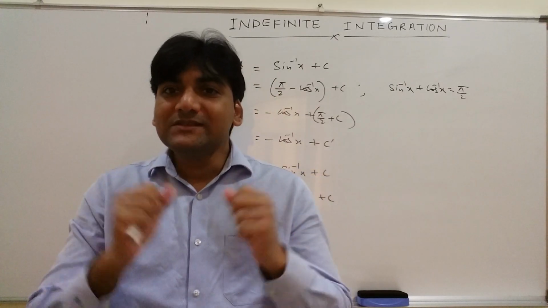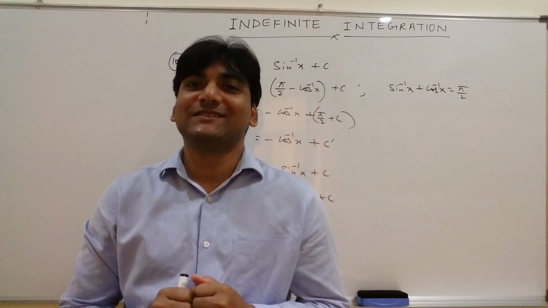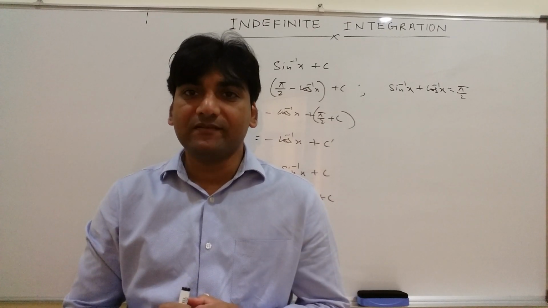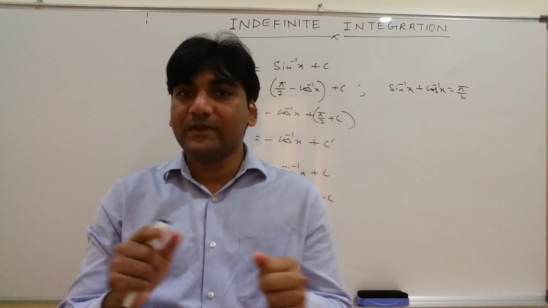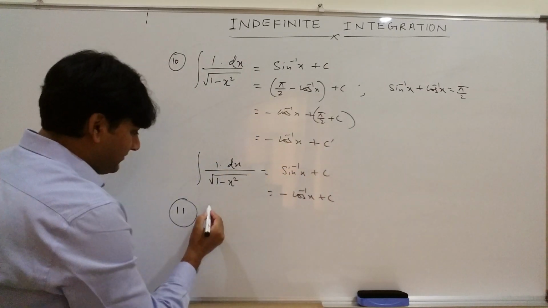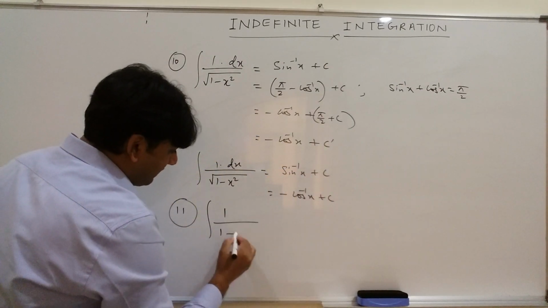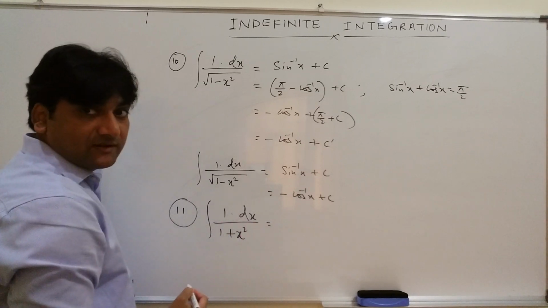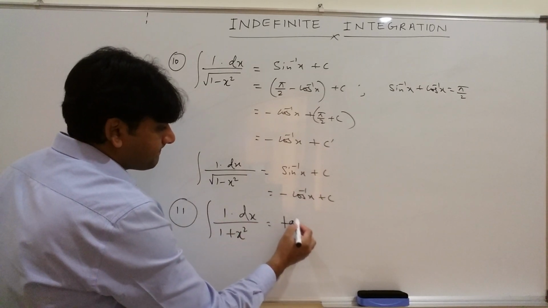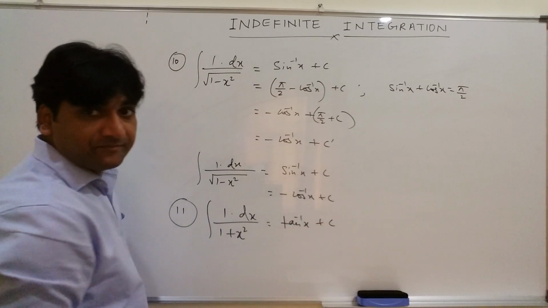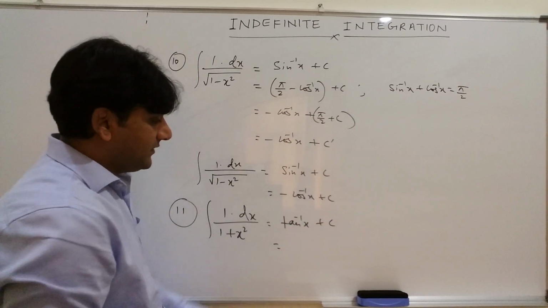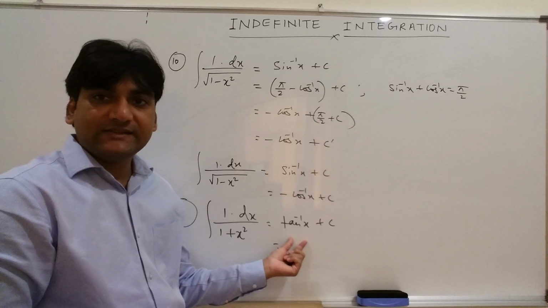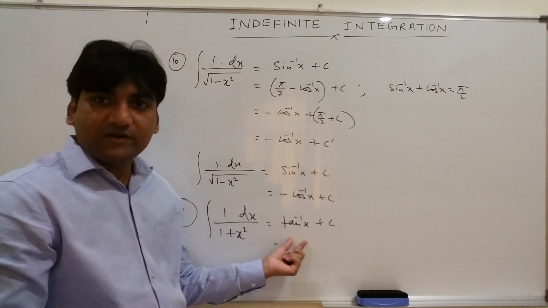What is the derivative of tan inverse x? Tan inverse x derivative is 1 over 1 plus x square. So if I integrate 1 over 1 plus x square, it would be tan inverse x plus c, or tan inverse x can be written as pi by 2 minus cot inverse x.